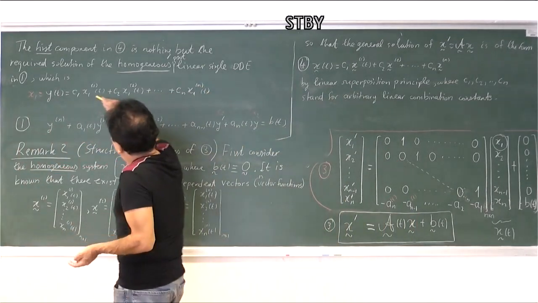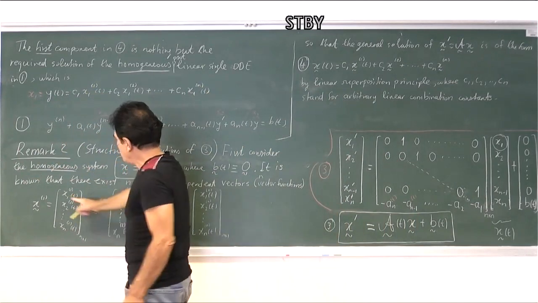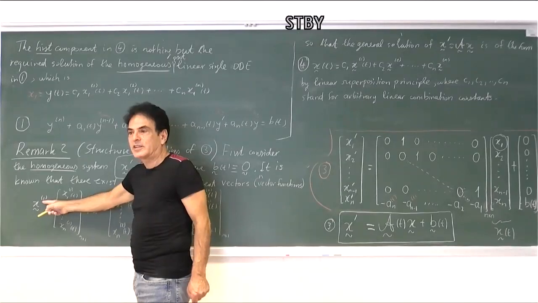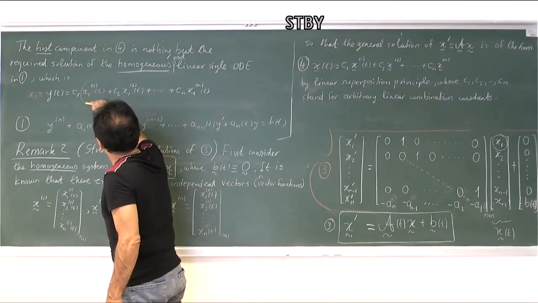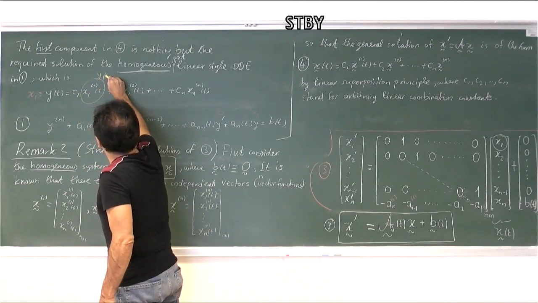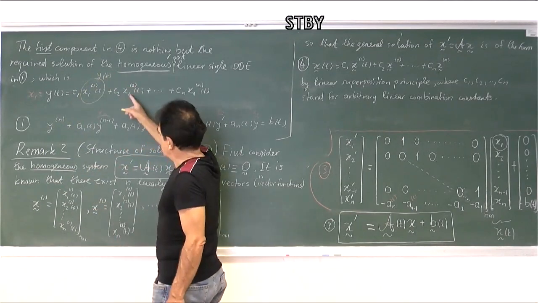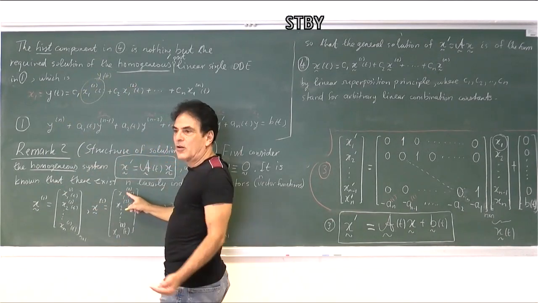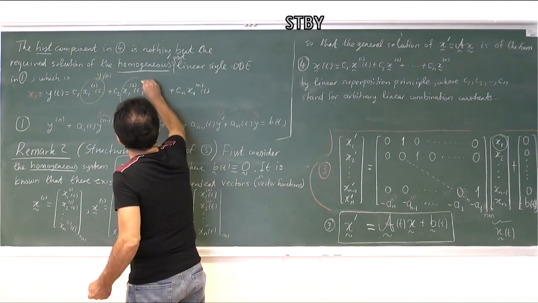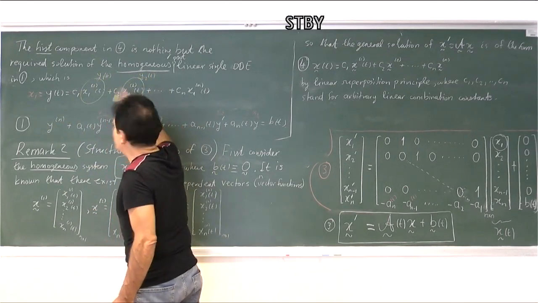This is not a good notation, so let us denote x1,1, the first component function of the first vector solution, by y1, as a function of t. x1,2 is the first component of the second vector solution of the system, denoted y2.